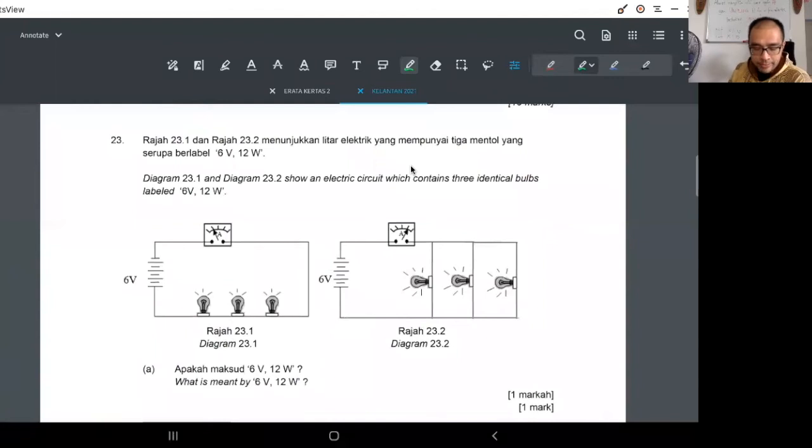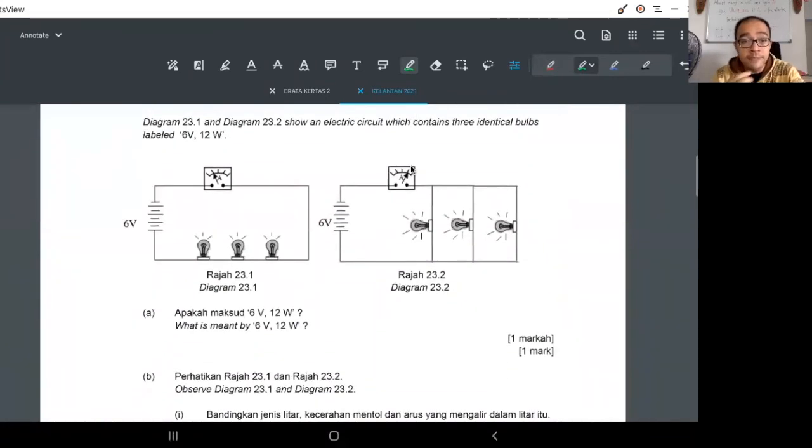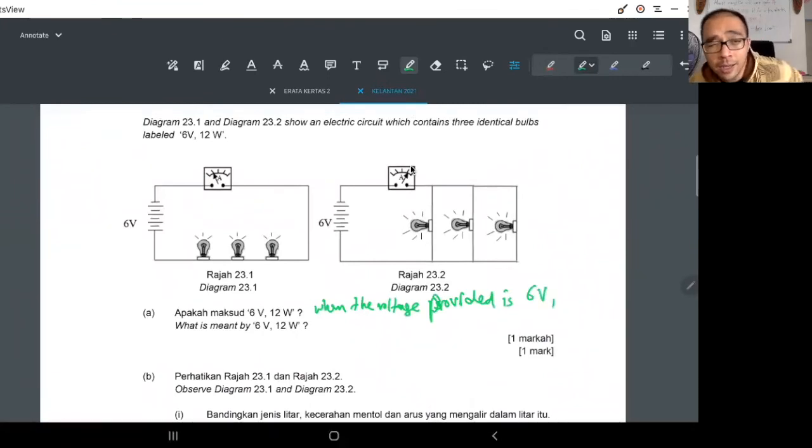What is meant by 6 volts and 12 watts? They did not ask what is, so you have to explain it. When the voltage provided is 6 volts, 12 joules of energy is produced in 1 second. Sorry, it shouldn't be voltage, it should be potential difference.